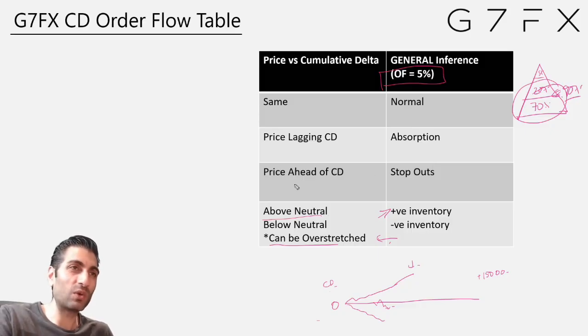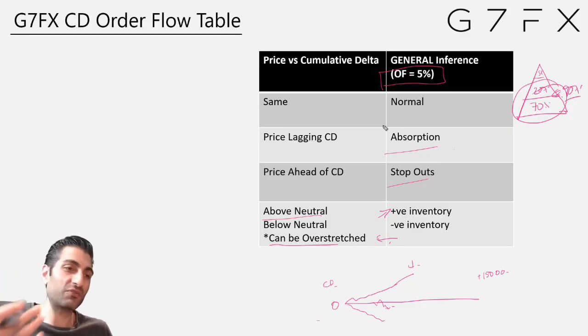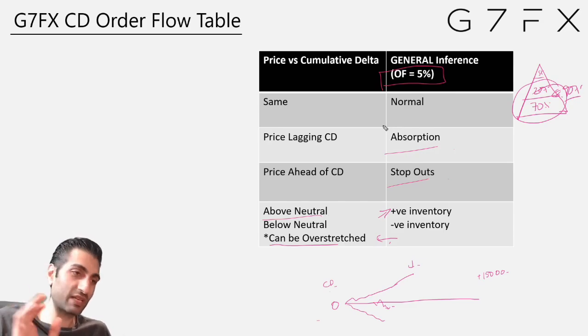Because believe me, all of this stuff, absorption, stop outs, is going on everywhere. If that's what your focus is on, you're going to drive yourself bananas. You're going to drive yourself crazy if that's all you look at, or even if that's what you place heavy emphasis on, because you're going to stop yourself taking trades that are perfectly good.